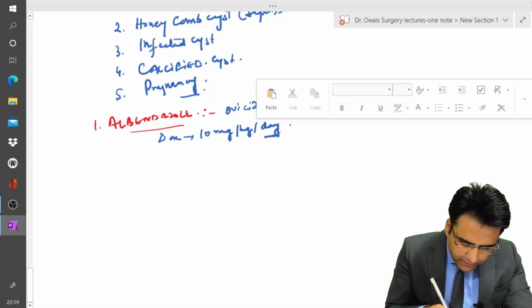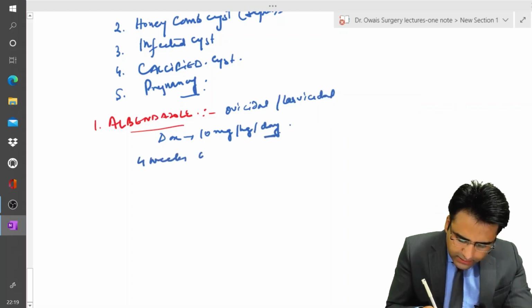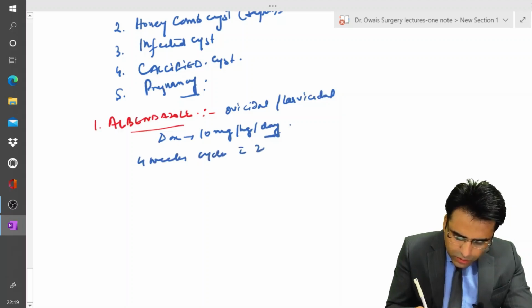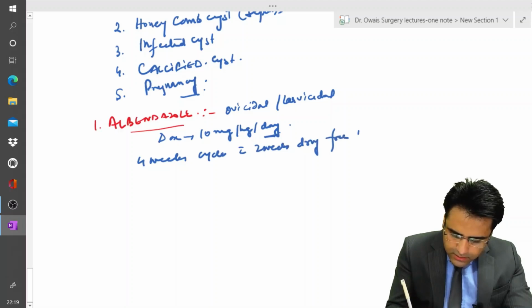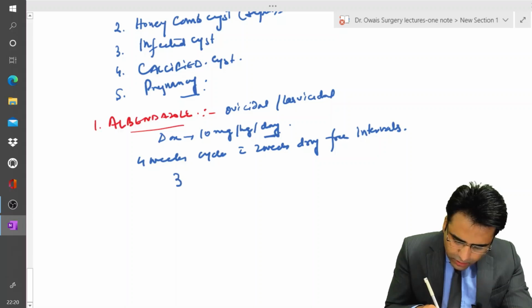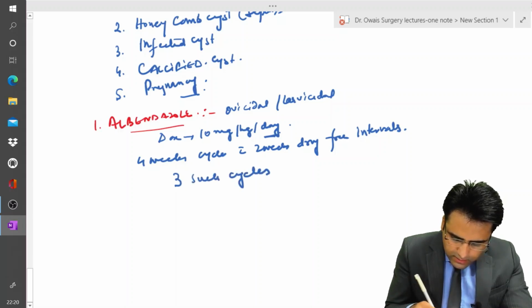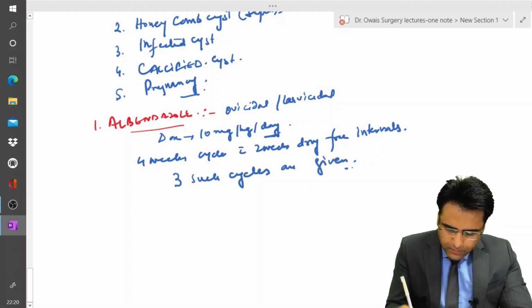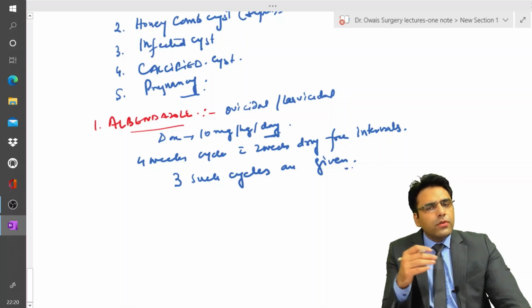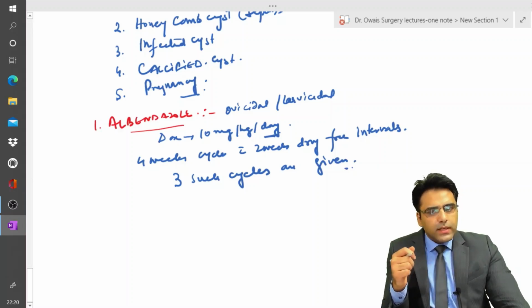Now it is given in 4-week cycles with 2 weeks drug-free intervals. And how many such cycles are given? 3 such cycles are given. So we have to give a 4-week cycle with 2 weeks of drug-free interval, and 3 such cycles.